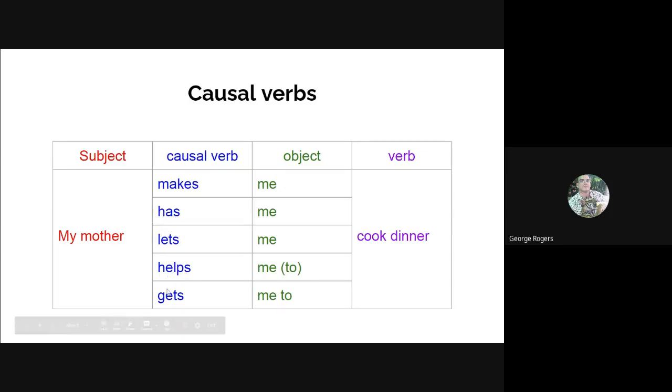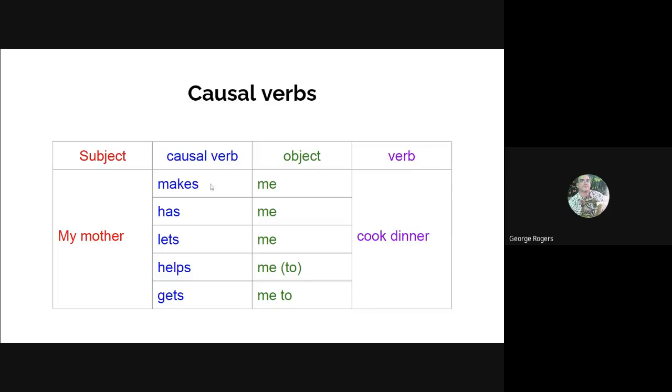All of these are related to people. Make can be used like, I made a painting, where I'm making it, or with a pet: the dog made a mess. But this is when you're forcing, getting somebody else to do something. And the last one: my mother gets me to cook dinner.